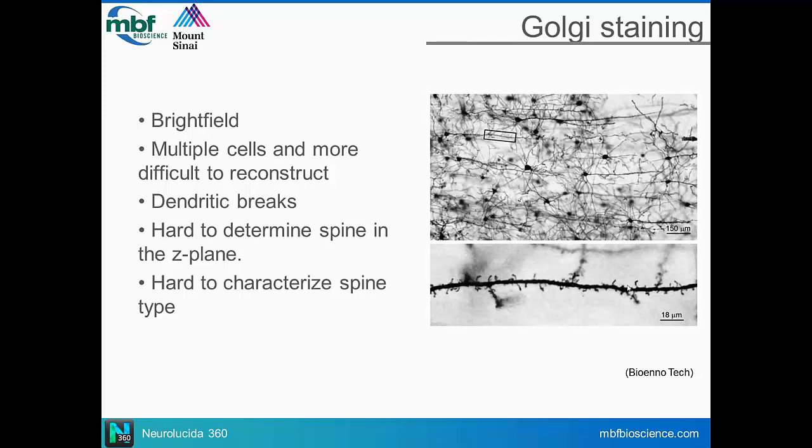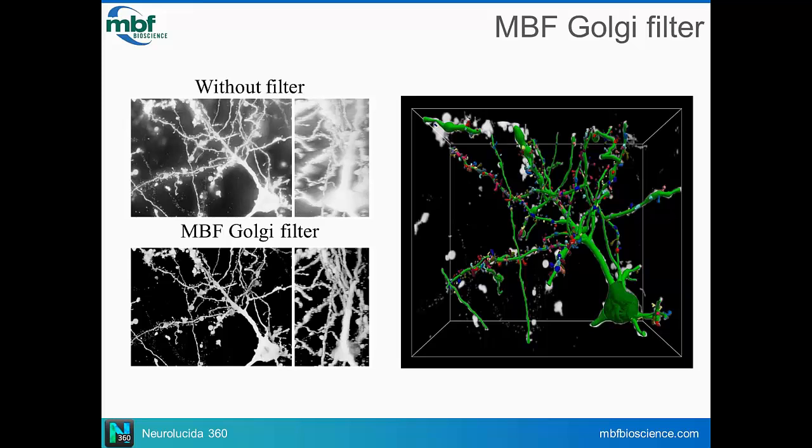We recognize the power of Golgi and have been working very hard at coming up with automated methods that allow us to extract more and more information from this imaging method or labeling method. And so I just want to show you briefly the status of our research.